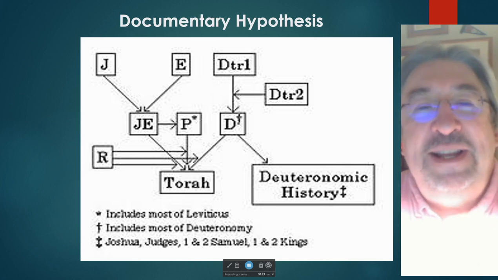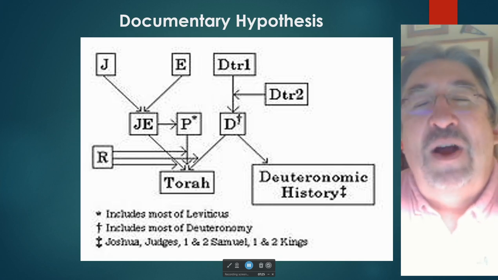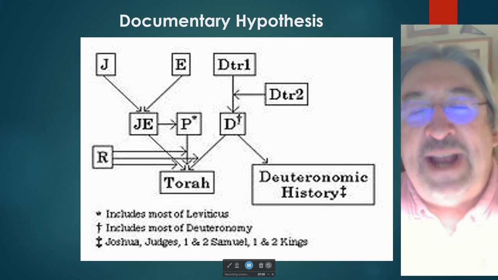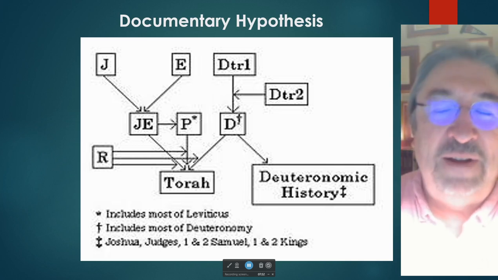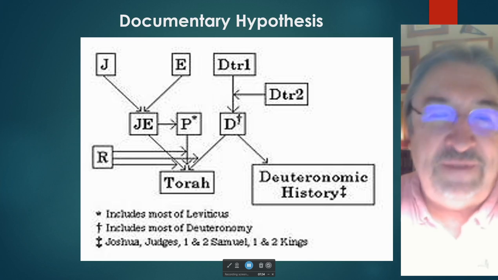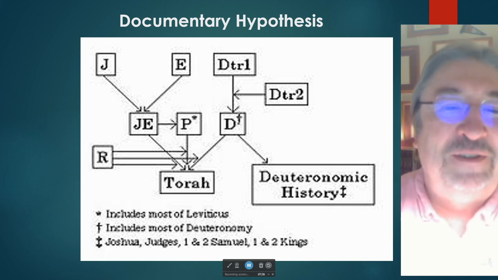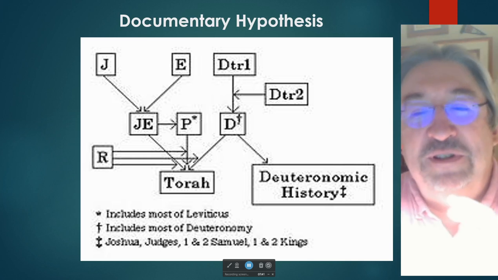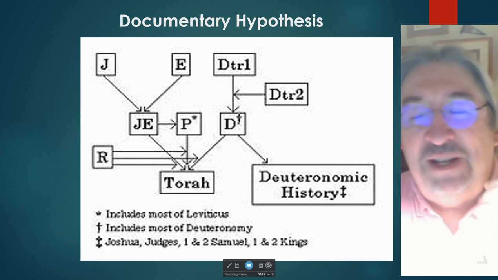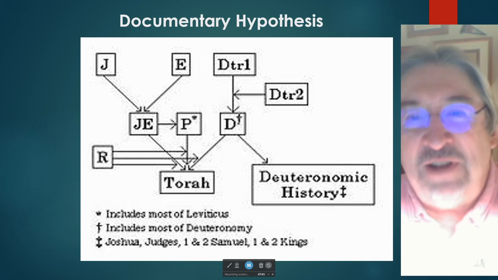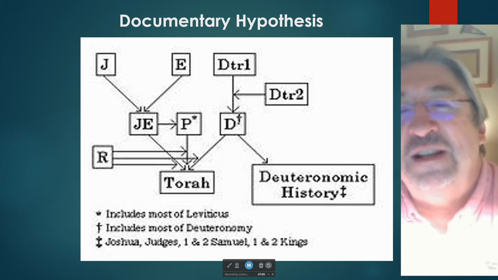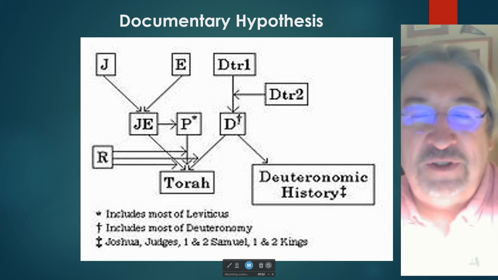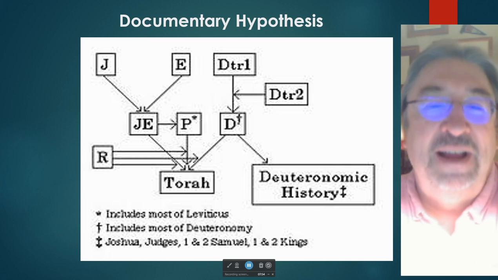And then the priestly source was separate, but again, over time, it was gradually made a part of the Yahvist and Elohist. Okay. Then we have the Deuteronomic sources, which is basically one Deuteronomy source and a second Deuteronomy source, and then aspects of Deuteronomic history.